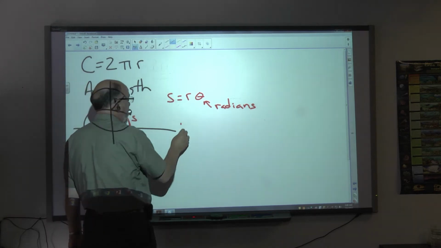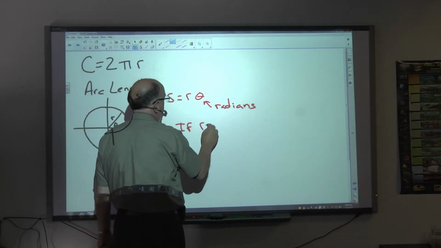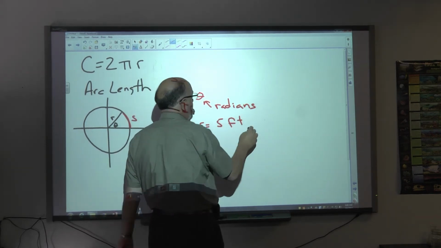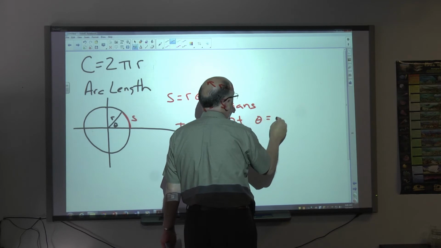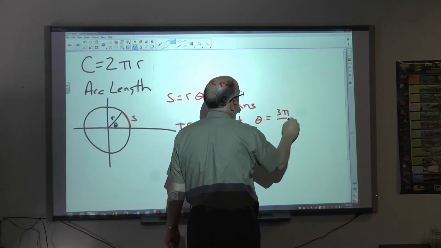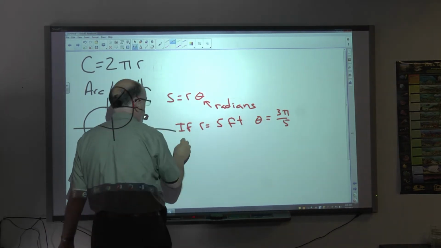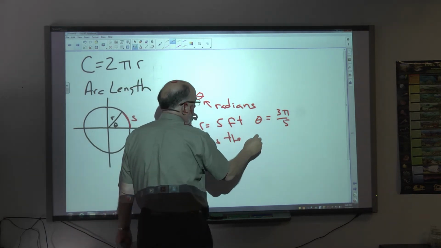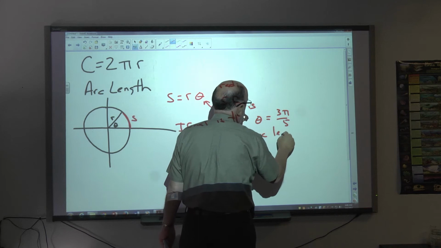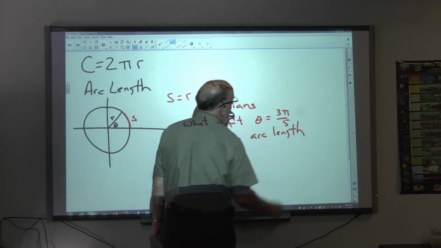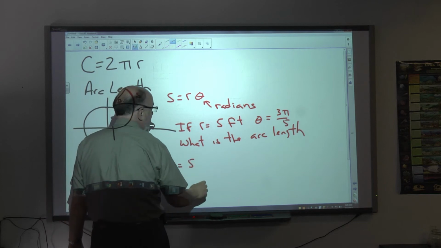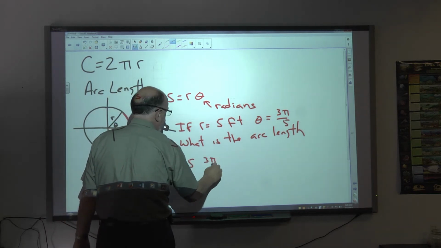So then, for example, if r is equal to 5 feet and theta is 3 pi over 5, I want to know what the arc length is. It's a matter of just taking our numbers and plugging them into our formula. So s is going to be 5 times 3 pi over 5.